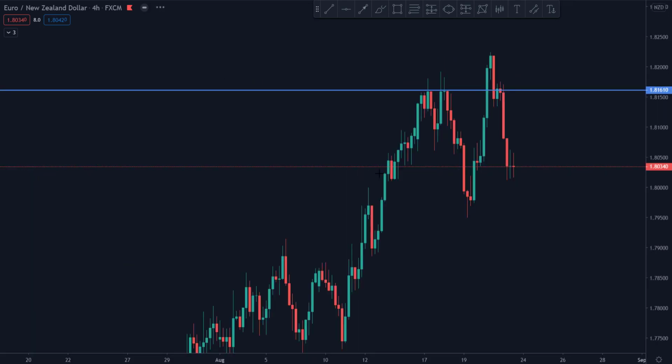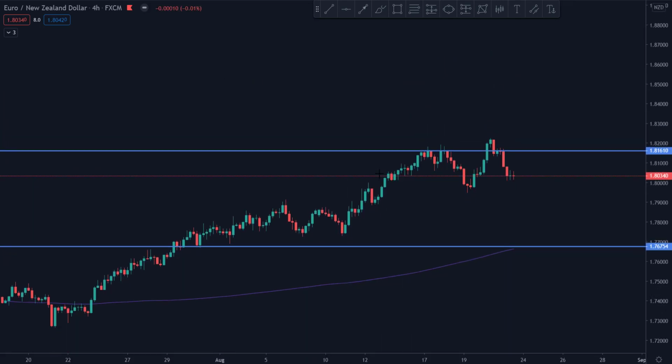If we go to the 4-hour time frame, as you can see here, this was a fake out, right? What happened? The price just breaks, makes a little retracement, and maybe like a retest, but the price didn't make it, right? The price made a fake out and then started to go down, and the price is currently in this area.